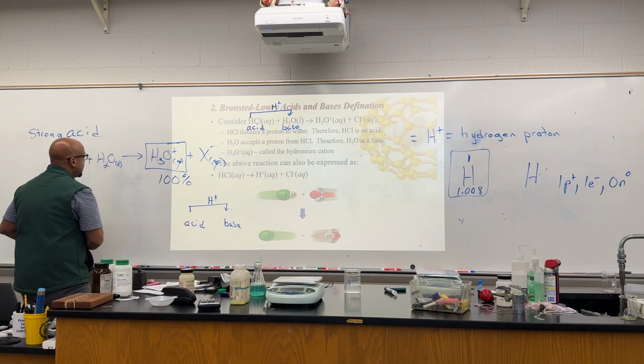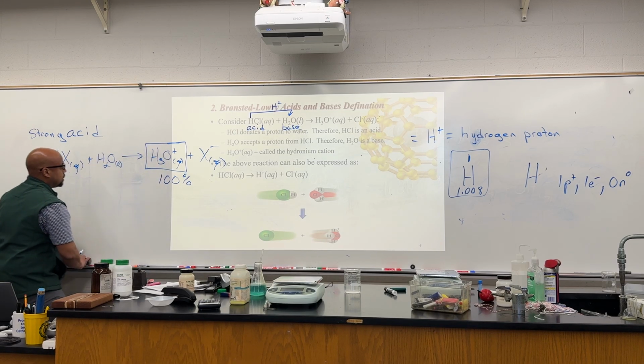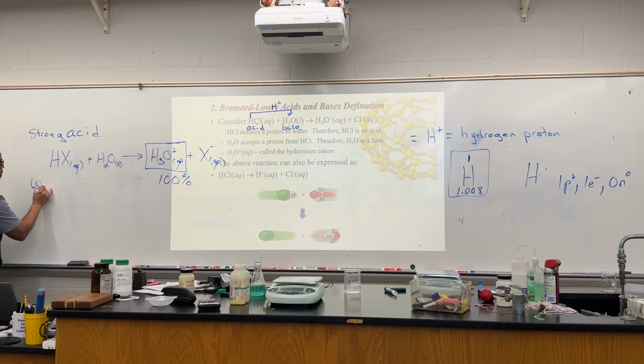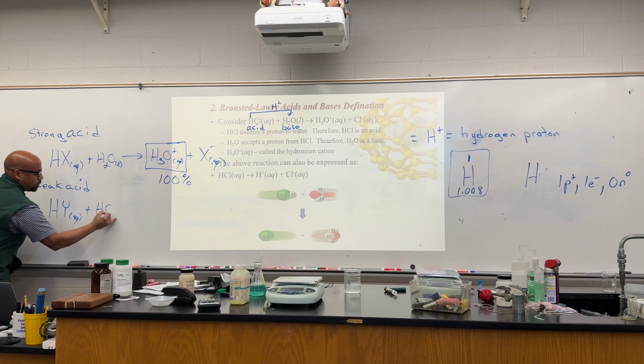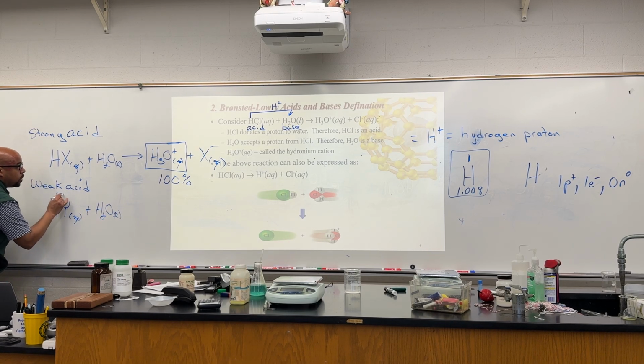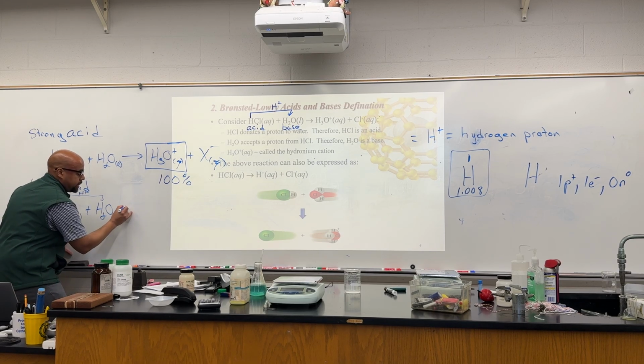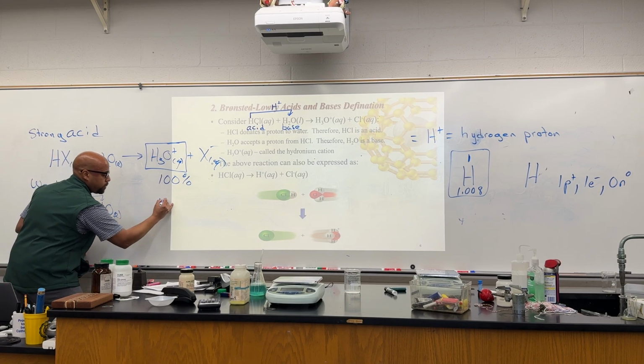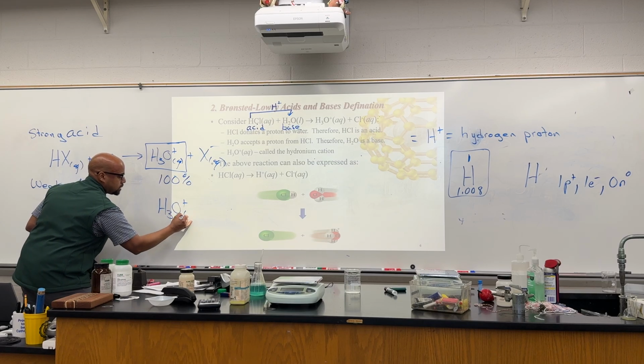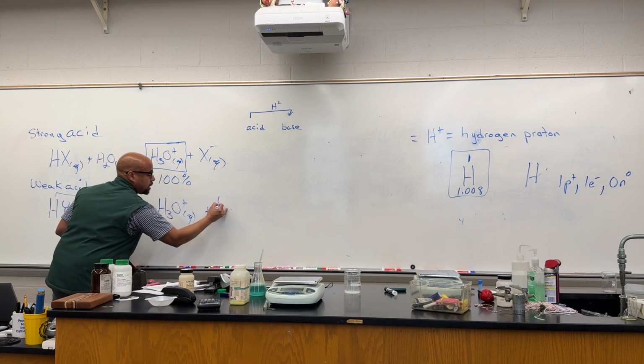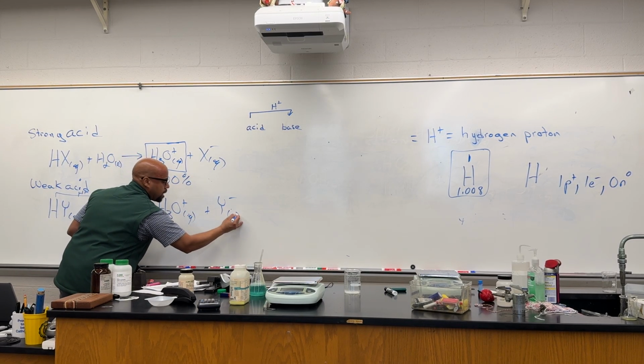Now, if I look at something such as a weak acid, watch this. When it comes to a weak acid, I'll call this maybe HY aqueous plus H2O liquid. It's going to donate that hydrogen cation over here. I'm going to end up getting a smaller percentage, so H3O plus aqueous, plus Y minus over here.